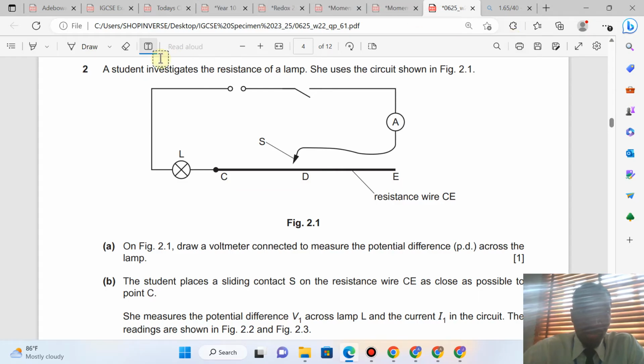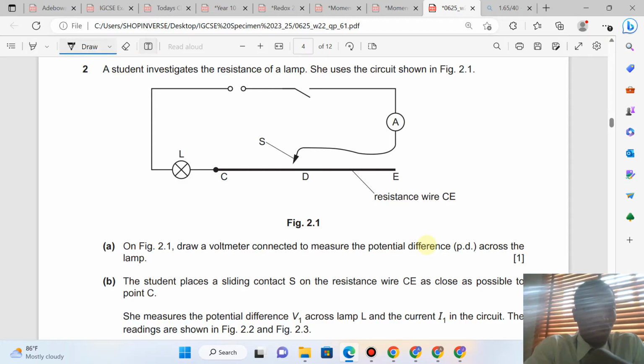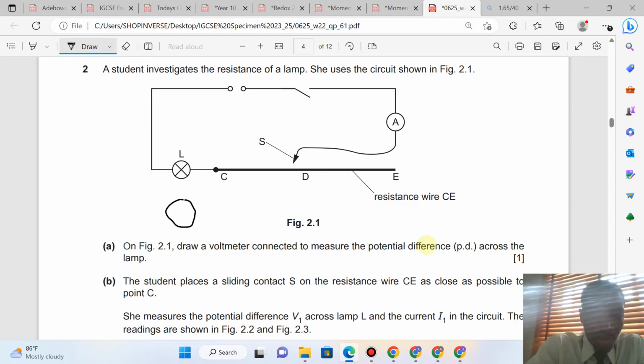A student investigates the resistance of a lamp. She uses the circuit shown in figure 2.1. This is the circuit. On figure 2.1, draw a voltmeter connected to measure the potential difference PD across the lamp. So this is the easiest among the questions. To draw a voltmeter, you just draw the symbol of the voltmeter.